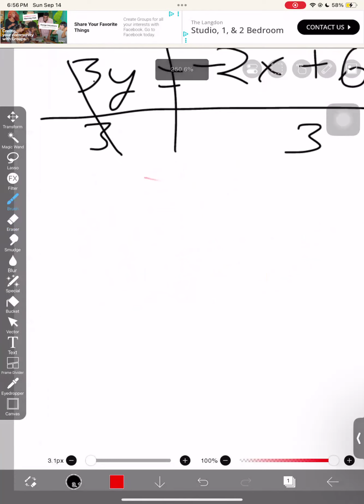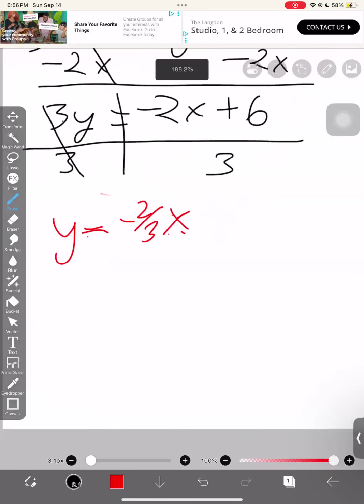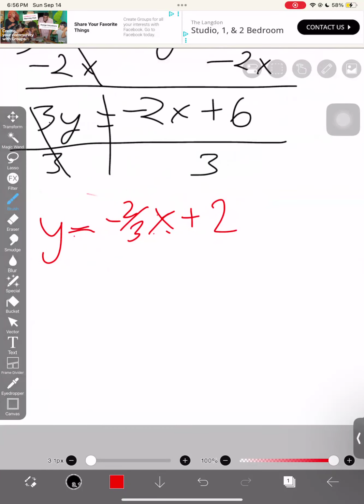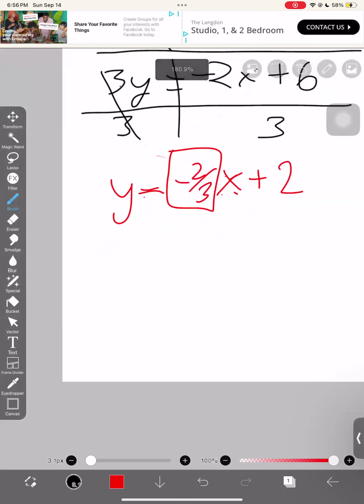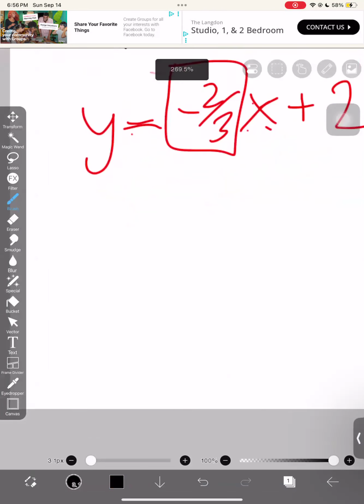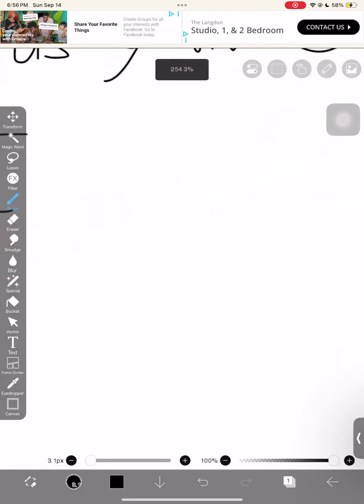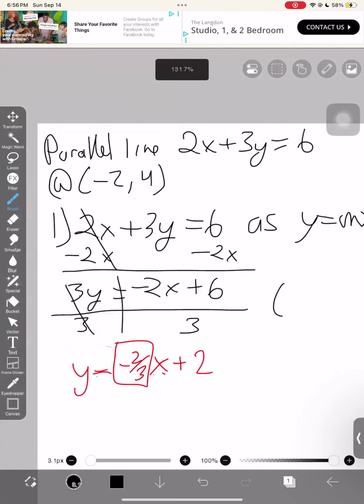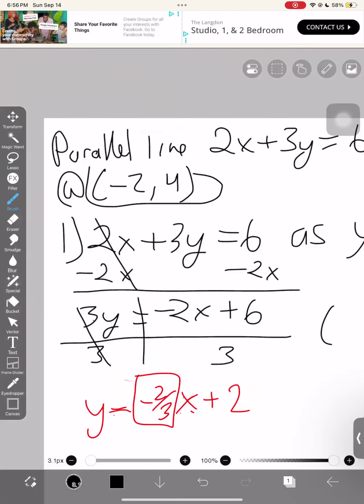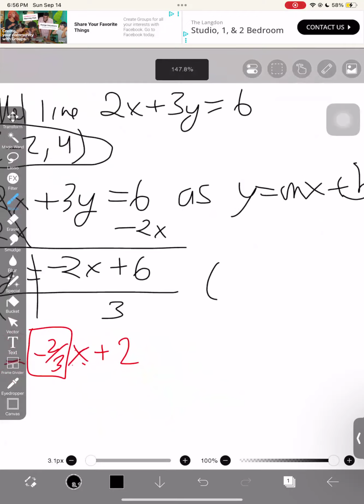So now that we know our equation, all we care about is that, and we get to do the following. It has to cross what? It has to cross this point, so we had to use point slope formula.